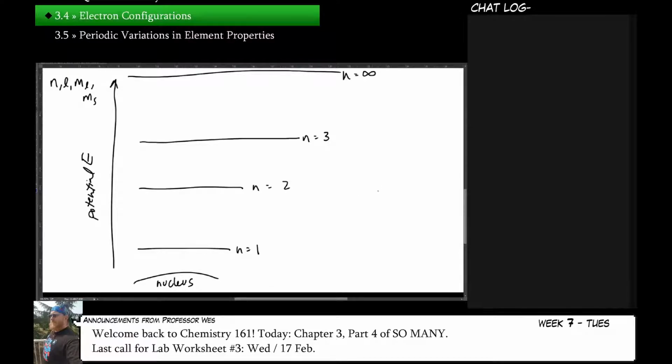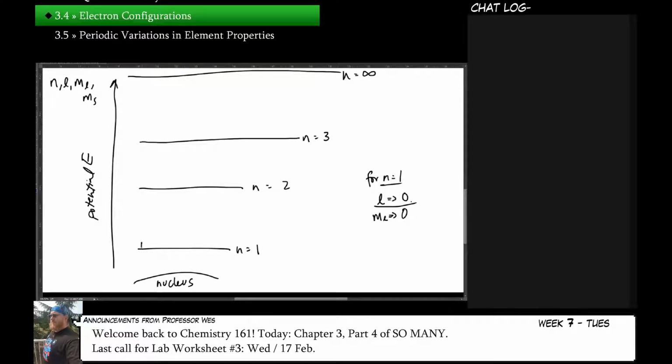So yesterday we said that for n equals 1, l can only be 0, and if l is 0, then m sub l can only be 0 also. For each n, we're going to create bins that have our sublevels l in them.